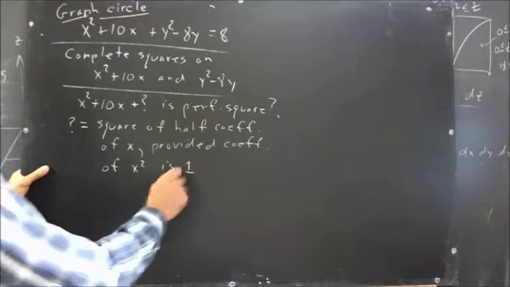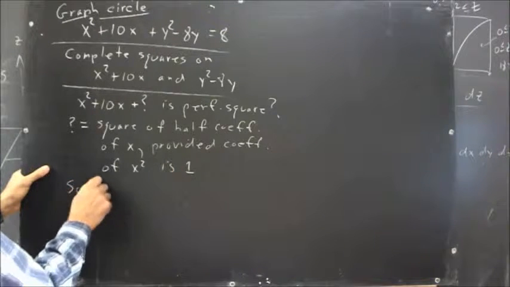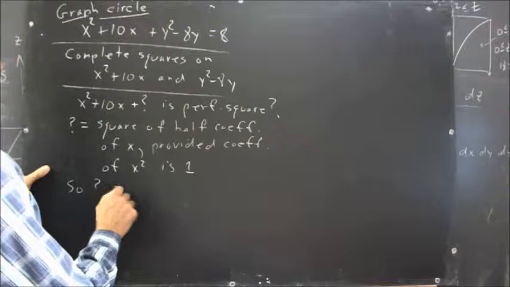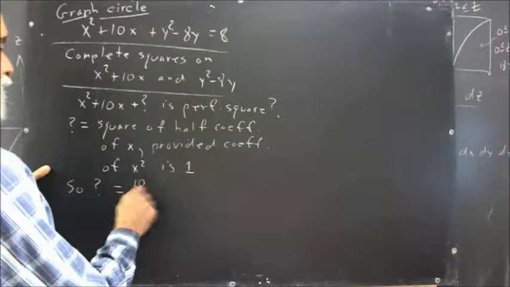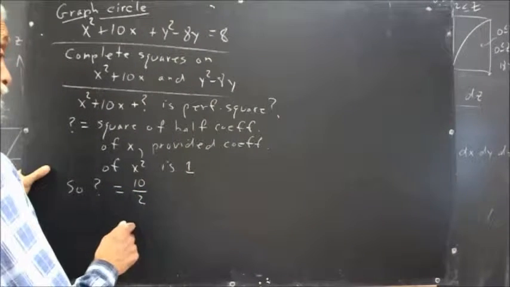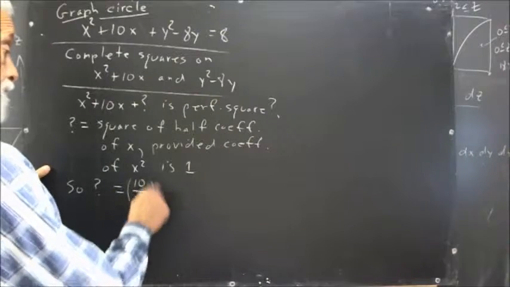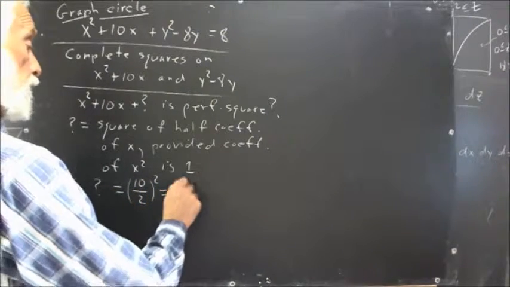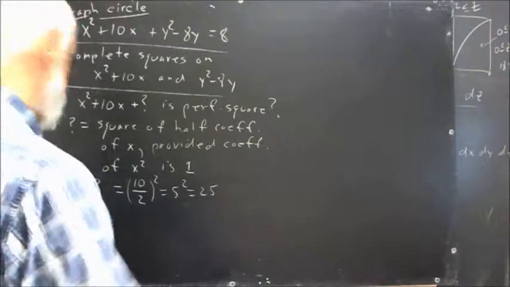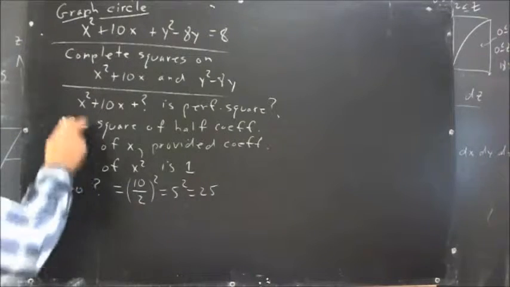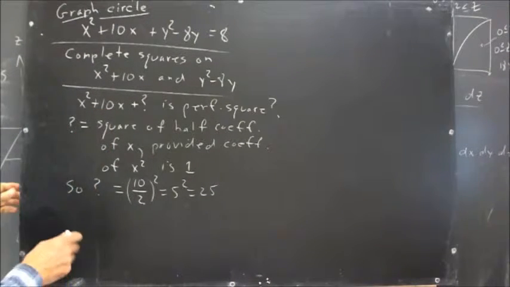So our question mark is going to be half of 10 squared, which is 5 squared, which is 25. So what do we do with that?